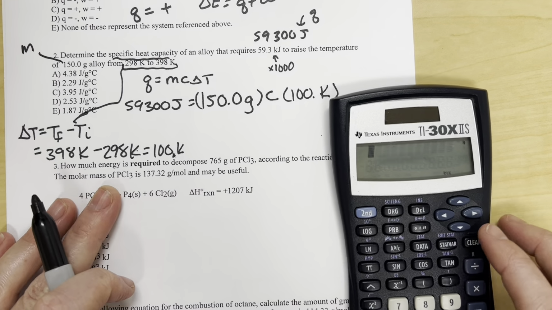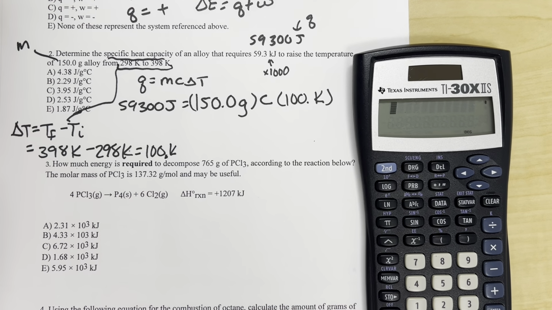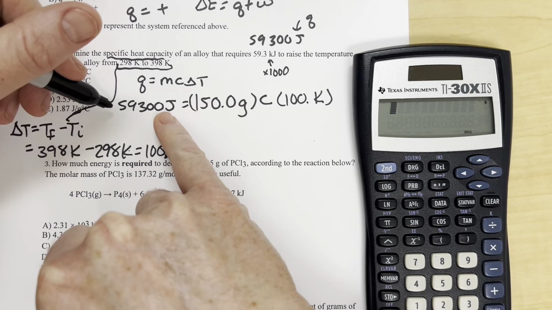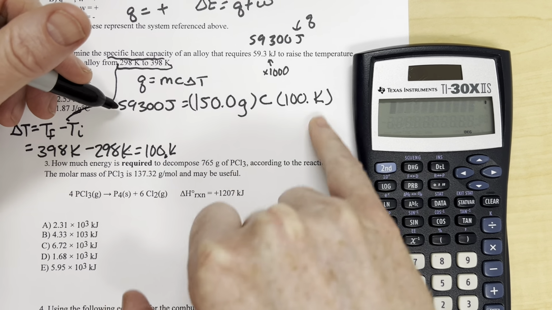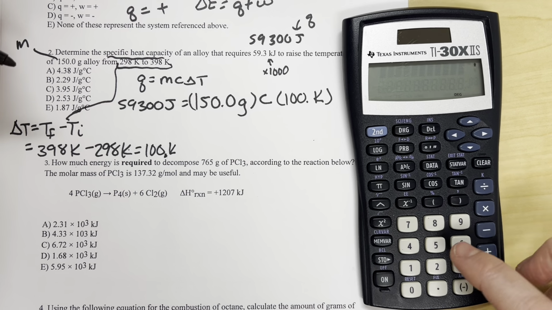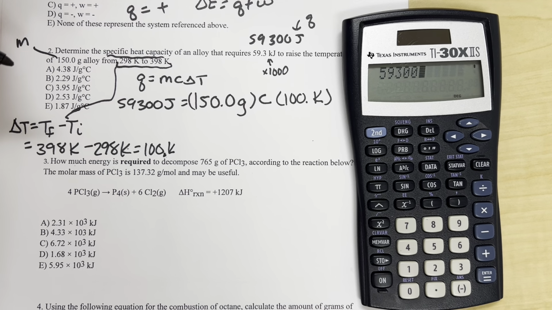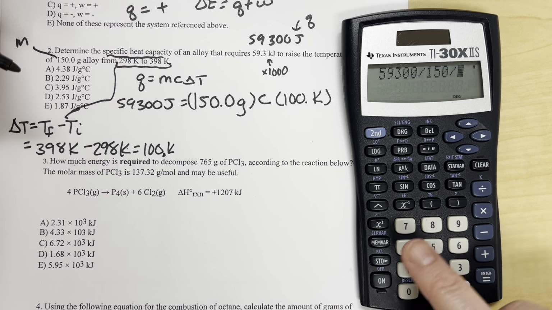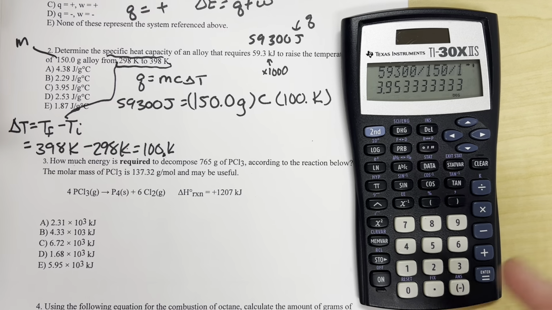The way I do this, and I would love if you guys start doing this, is we're trying to get C alone, right? So we'll start right here, and we'll divide by 150, and then we'll divide by 100 K, and that will give us our C. So in my calculator, I say 59,300 divided by 150, and then divided by 100. Hit enter, and that's our answer.